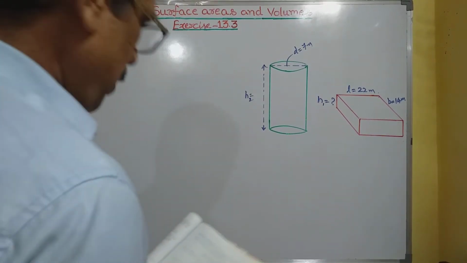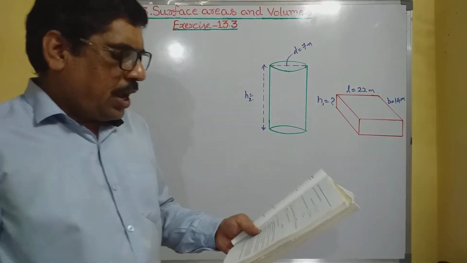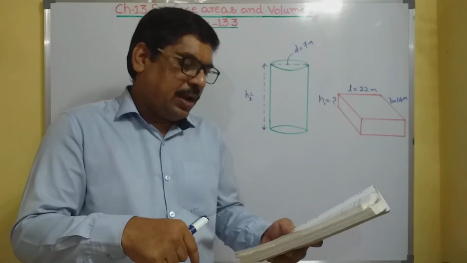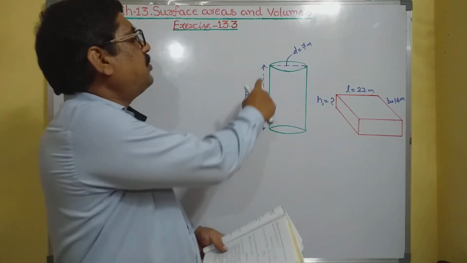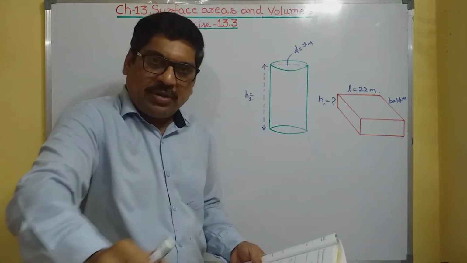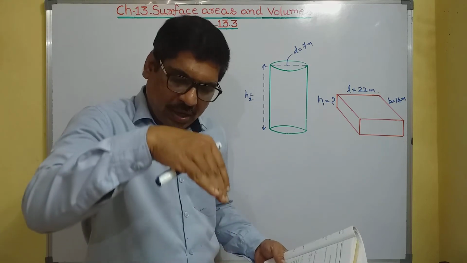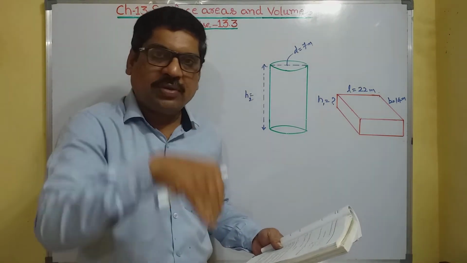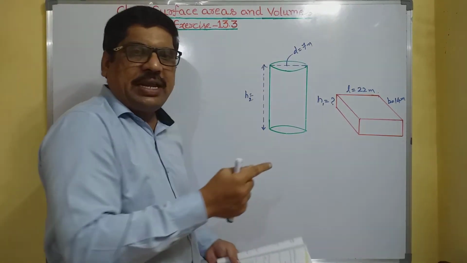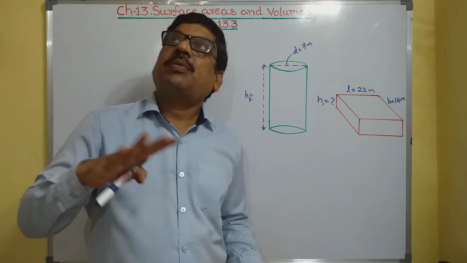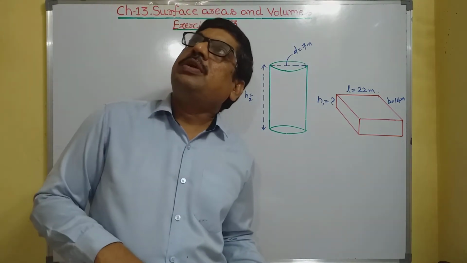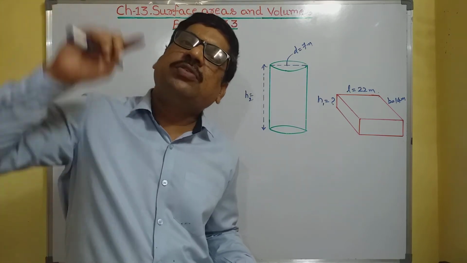Now the third problem, a 20 meters deep well with a diameter 7 meters. So look at this, this is a well. Well means it is into the earth, so it has some depth. So depth can be taken as height. Why? Because I told you many times, when you look at an object from the ground, we see upwards and say that it is so high.